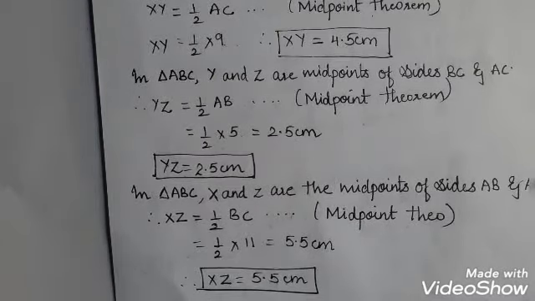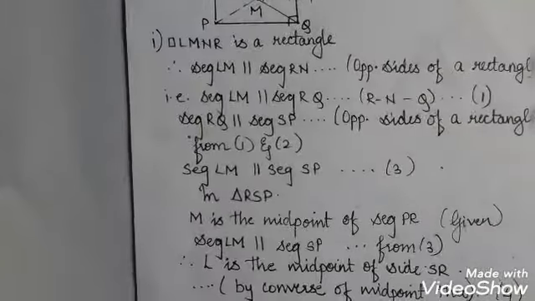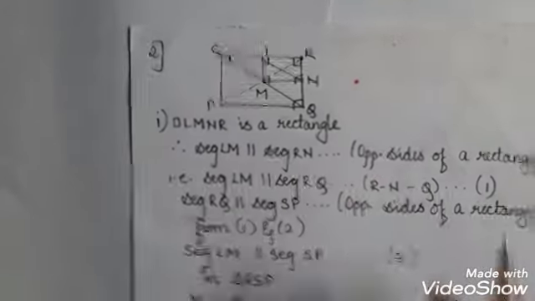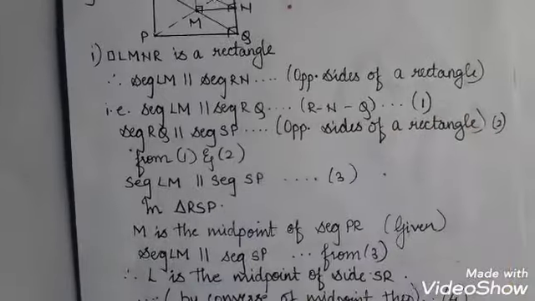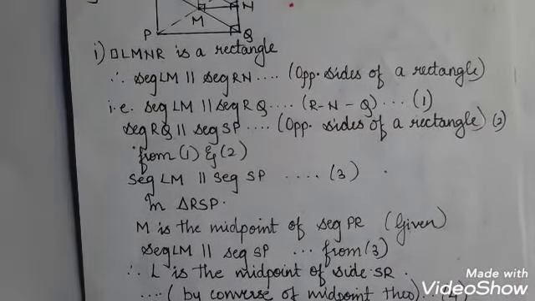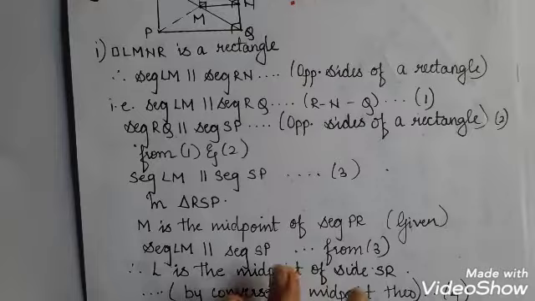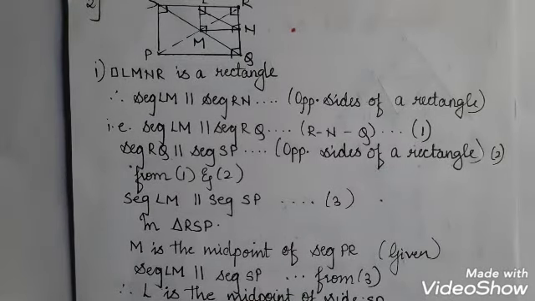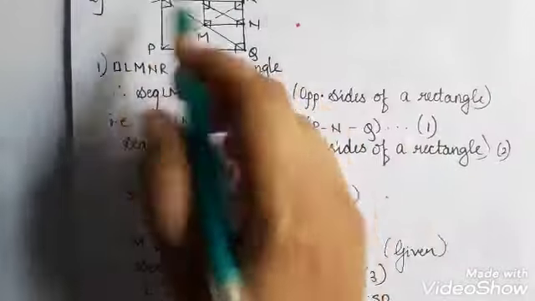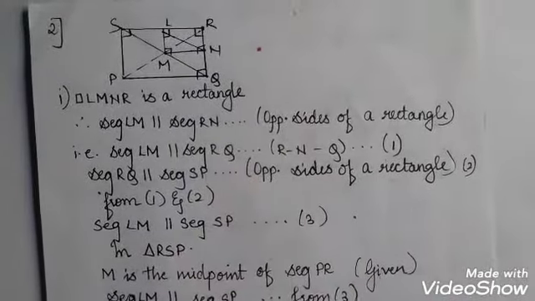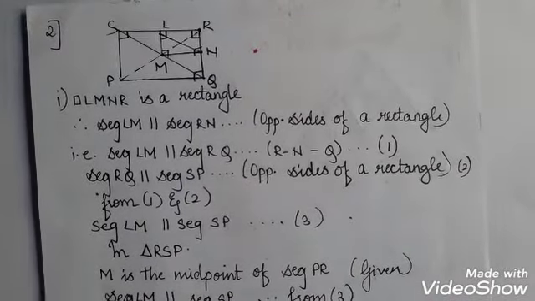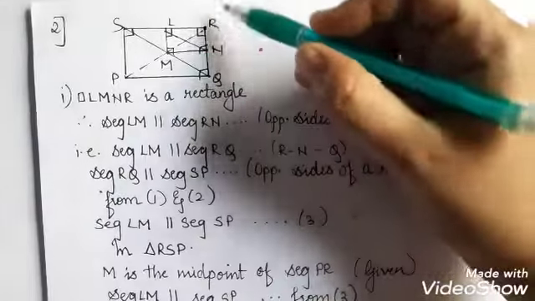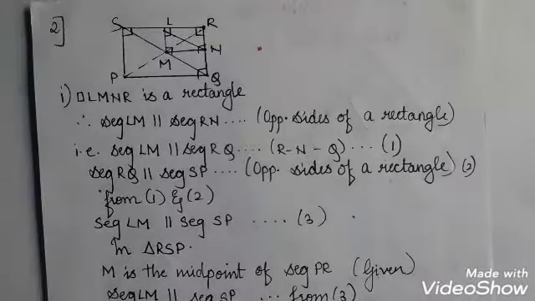Okay. Next, second question. The figure is provided to us. In the second question, the figure is given. Quadrilateral PQRS and quadrilateral LMNR are rectangles.